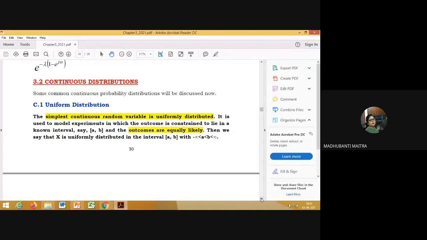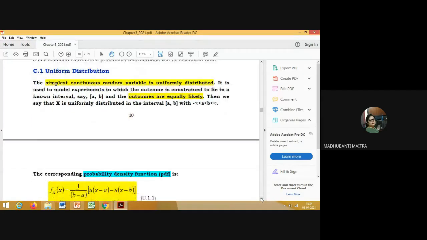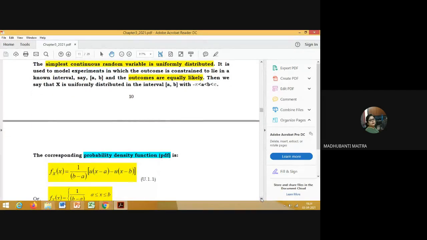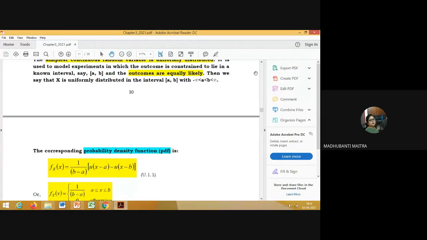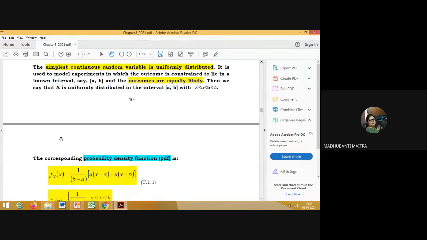It is used to model experiments in which the outcome is constrained to lie in a known closed interval, say A to B. So all the outcomes will lie within this particular interval, and the outcomes are equally likely, right? These two conditions have to be satisfied.